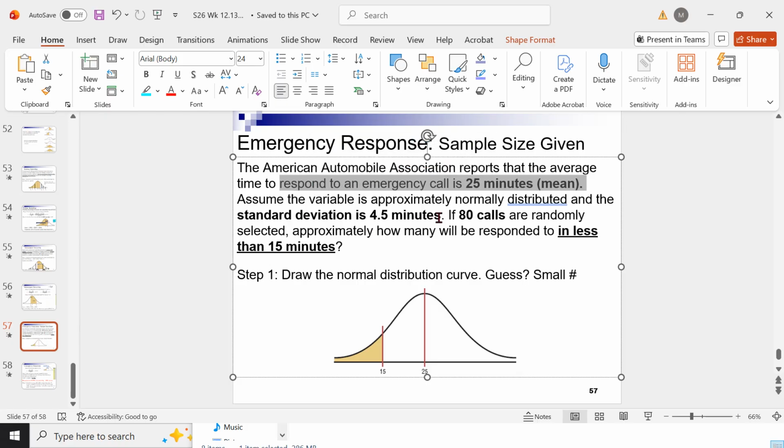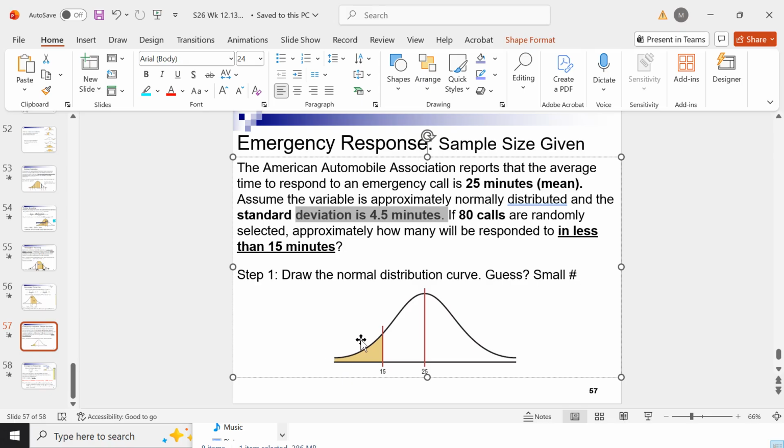Deviation 4.5 minutes. So what have we got going on here? There is your mean, 25 minutes. And we want to know if 80 calls, how many will be responded to in less than 15 minutes. So there's your 15 minutes right there. So we're dealing with the smaller side, right?